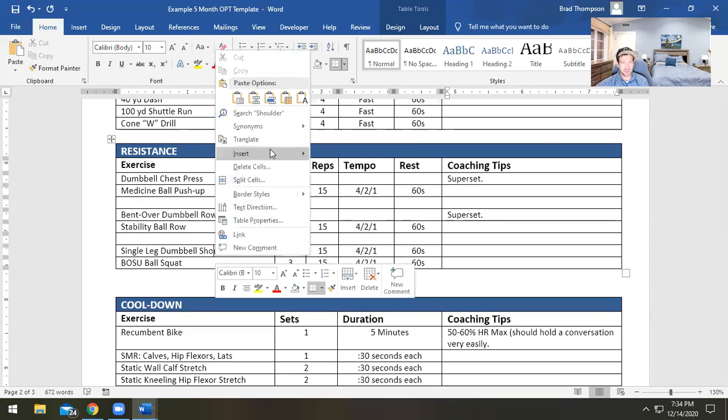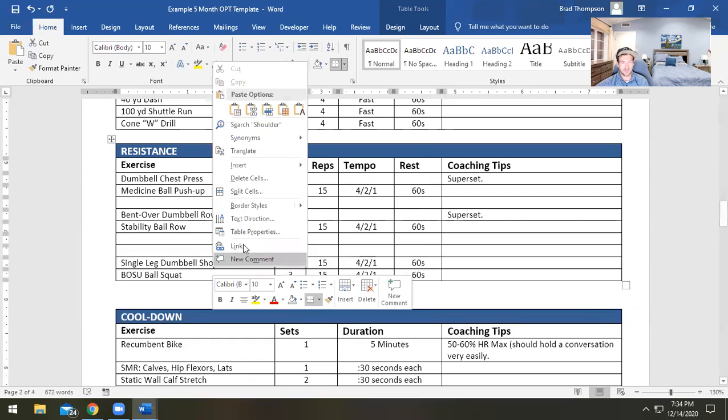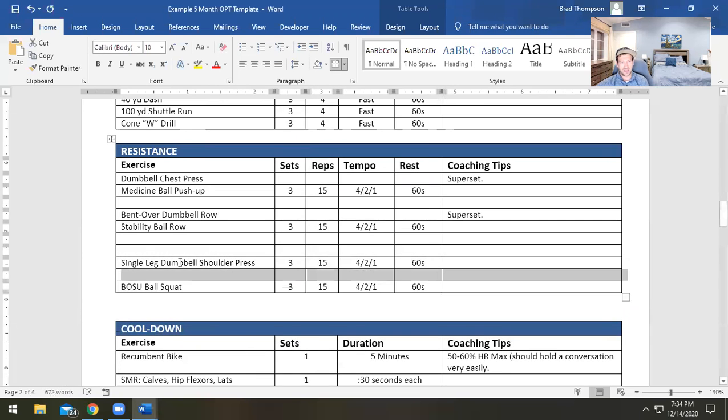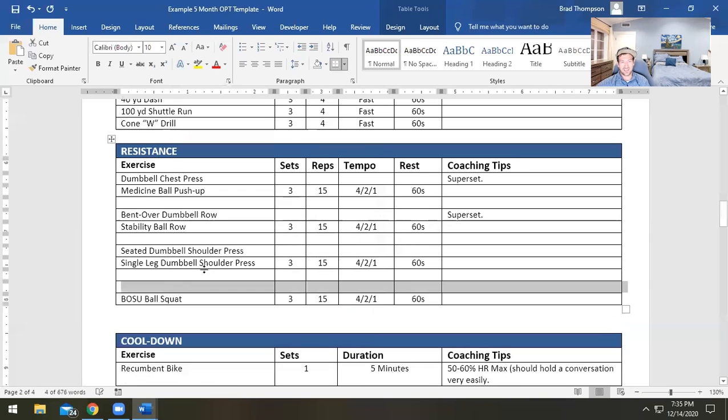And then my single leg dumbbell shoulder press. Let's pair that with a seated dumbbell shoulder press. Right? So strength, because it's seated, I'm very stable. Stabilization, because it's very unstable. And then lastly, barbell squat. King of leg exercises, right?